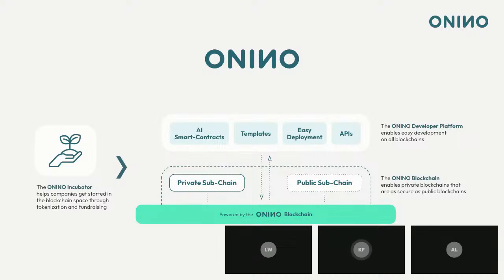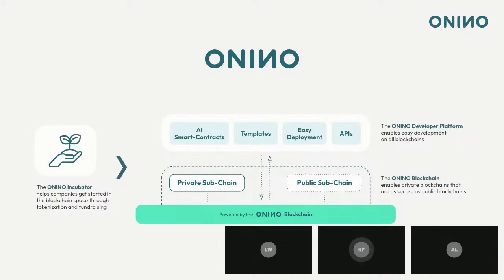On top of that, to make it easy to build on this infrastructure, we have the Onino developer platform, a toolkit that provides all the tools you need to make blockchain development very easy. We have different AI assistants in the platform to help you generate smart contracts. We have built production-ready smart contract templates for the most common use cases that can be deployed fully without coding.